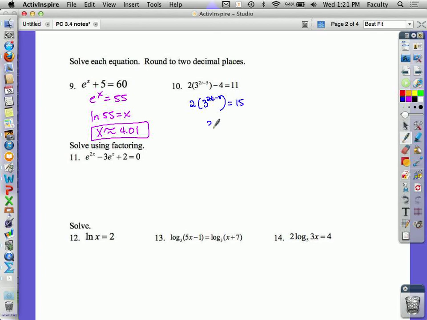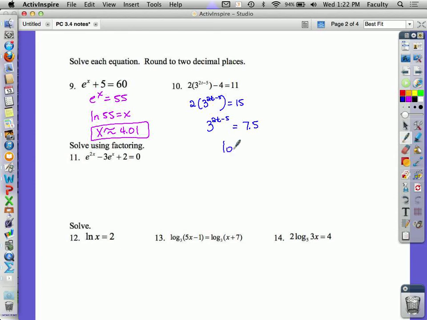Now remember, you have a calculator. So I'm going to add 4, divide by 2, and I have 3 to the 2t minus 5 equals 7.5. Alright, what do I do? Put it in logarithmic form.